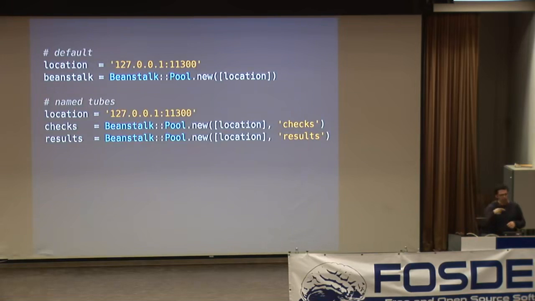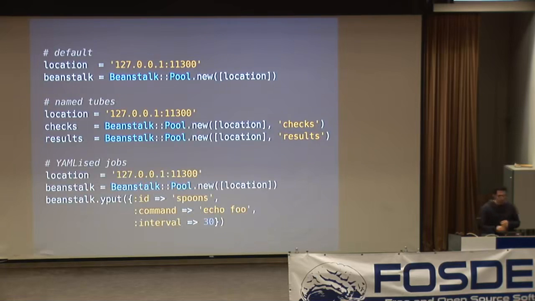So the workers are just connecting into the checks tube and the notifiers are connecting into the results tube. The other nice thing that the Ruby bindings for Beanstalkd provide is an easy way, using YAML, to serialize and deserialize actual Ruby objects when you put them onto the tube. So that means that you can deal with Ruby objects at either side of the message queue, and everything is nice.